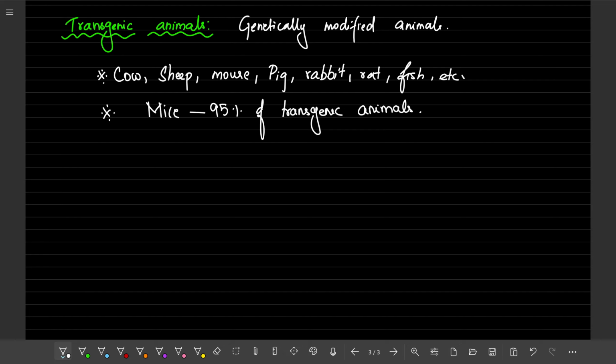Now what are all the uses? In what conditions are we going to use the transgenic animals? Anyone can say? Medicine is tested. What type of medicines?